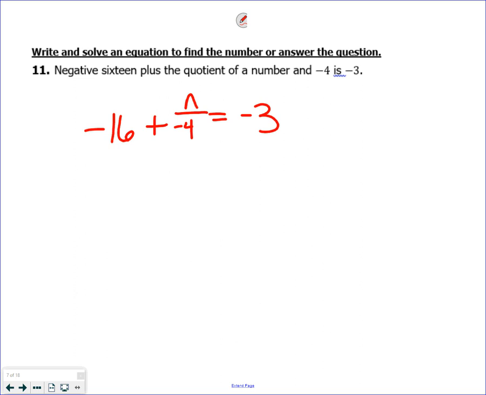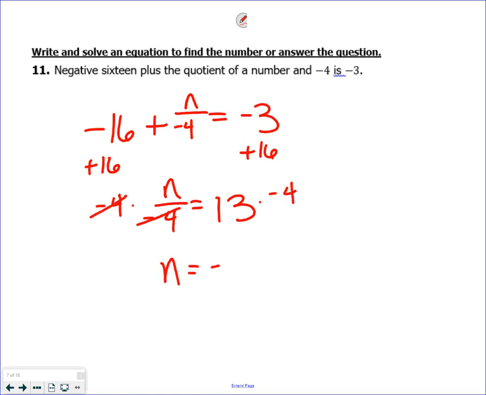Now I realize we got the plus and minus sign there, but I'm going to go ahead and add 16 to both sides. So this just becomes n over negative 4 equals 13. Inverse operation of division is multiplication, so I'm going to multiply both sides by negative 4, and I'll get negative 52.